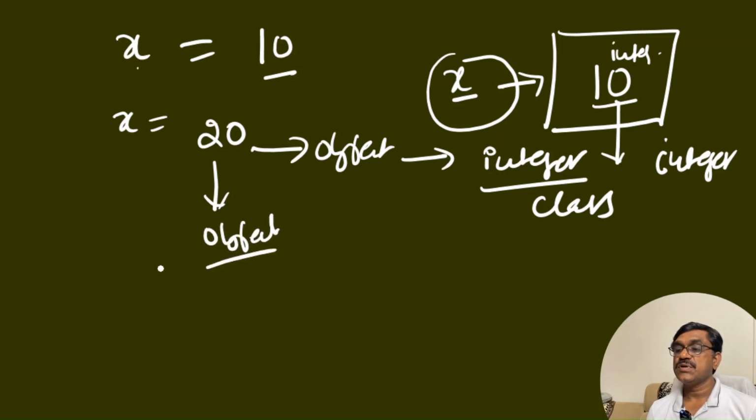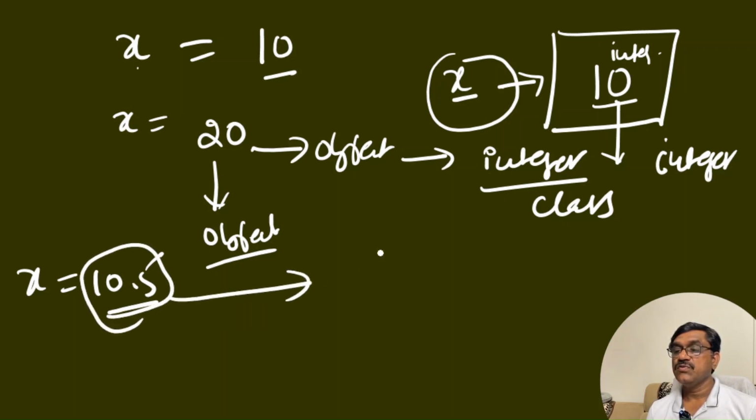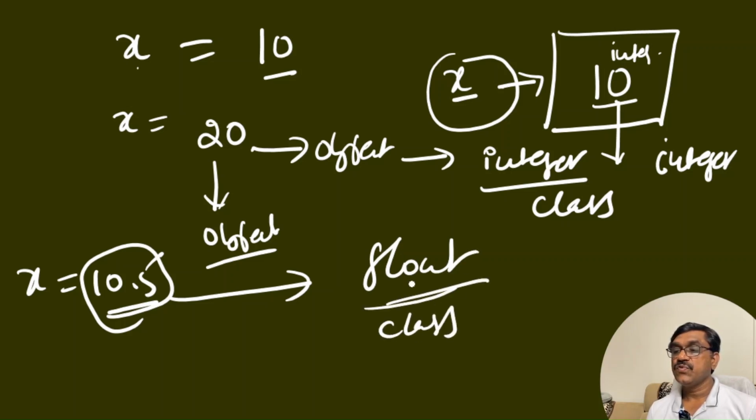This is very, very important. If you say x equals 10.5, 10.5 is the object. 10.5 belongs to what type of value? Floating point value, float. This float comes under the class. The instance of the float class is 10.5. This is known as an object.